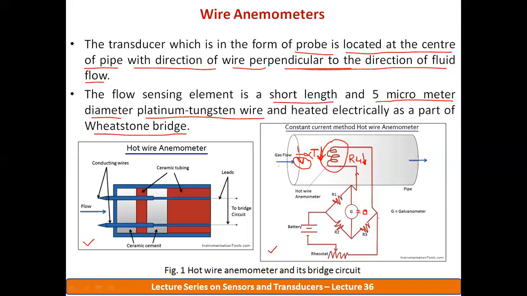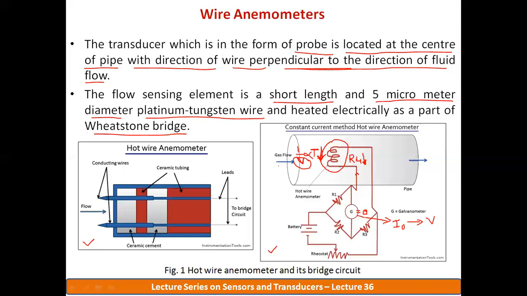So we can conclude that the reading of the galvanometer, the current reading, which we take as I naught, the output current reading given by the galvanometer, will be proportional to the velocity of the gas flowing in the pipe.